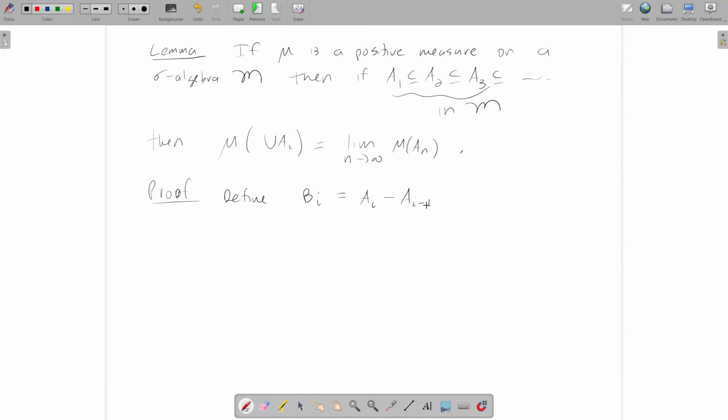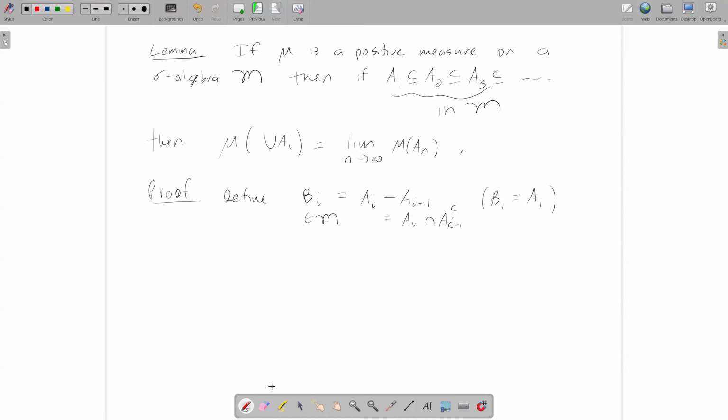It should be easy for you to check, and I'll just say B_1 is equal to A_1, since there is no A_0, or we could say A_0 is empty, but anyway, who cares? Then these are all in M, okay? And that's easy to see because B_i here is just equal to the intersection of A_i with the complement of A_{i-1}.